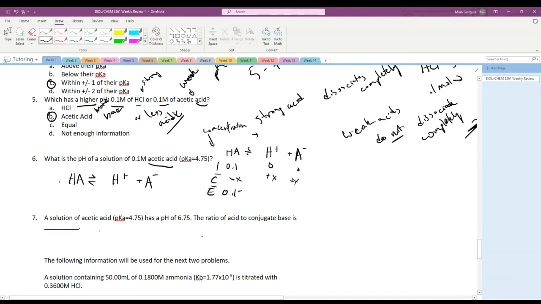So 0.1 plus a negative x, 0 plus x or just x, 0 plus x or just x. Okay, and then we're going to plug it into the equation Ka equals concentration of H plus times concentration of A minus over concentration of HA.